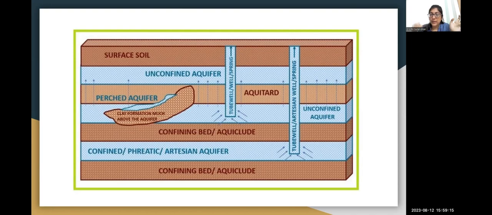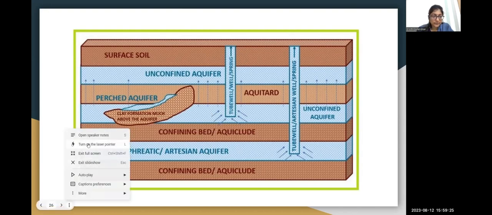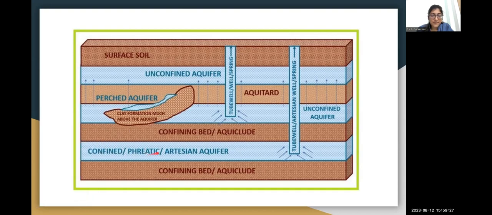Now when you go below, the aquifers sandwiched between two impermeable layers are the confined aquifers. As more and more water accumulates there, the pressure of the water will keep on increasing.